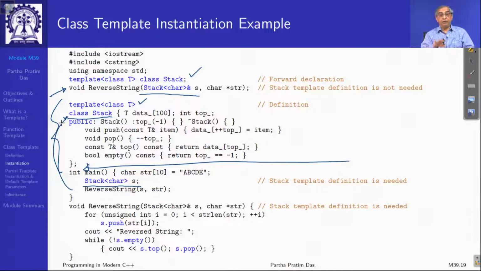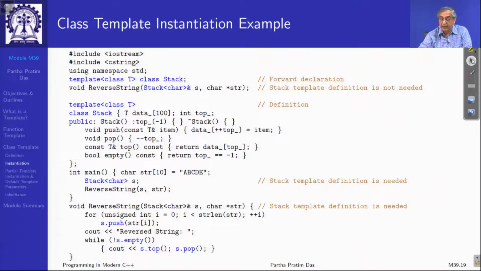Had this definition not been given, I would not have been able to do this. Similarly, I can implement the reverse string function, which is invoking various stack methods, and I am able to do this because I have already defined it. With just the forward declaration, I would not be able to do it. So, that is the basic process of class template instantiation, and you have seen a simple but complete example for that.